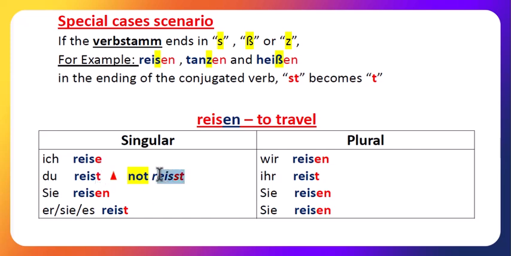So this is where you make your changes. The S is now turning into T, but there are other rules which will turn it differently: ich reise, du reist, er reist, sie reist, es reist, wir reisen, ihr reist, sie reisen.